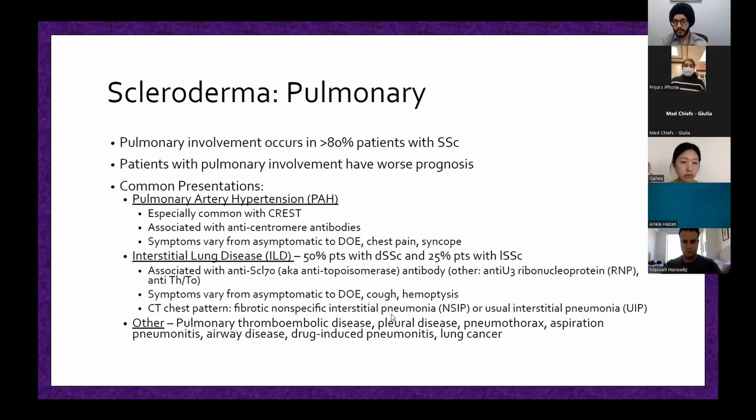And a CT chest is a good important tool. You want to try to get an HRCT early on. There's a lot of data that's coming out now: why wait for your pulmonology appointment to have that CT be ordered and then follow up again?